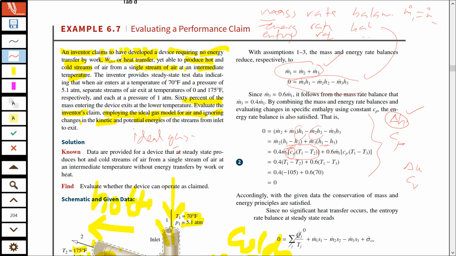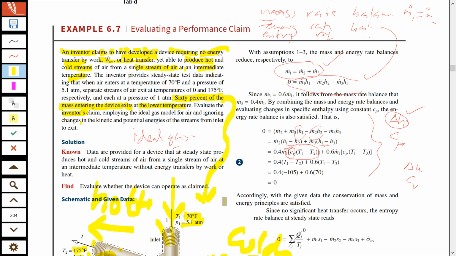What you need to watch out for is this thing. I think there is some typo in this part. I'll now tell you where the typo is. If you look at the description there, this is interesting: 60% of the mass entering the device exits at the lower temperature. Now, what does this mean?